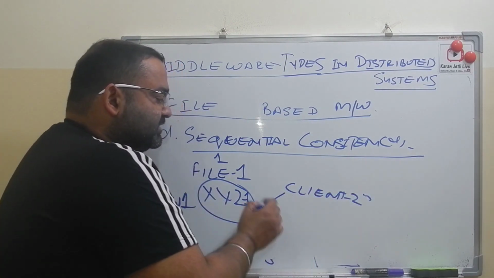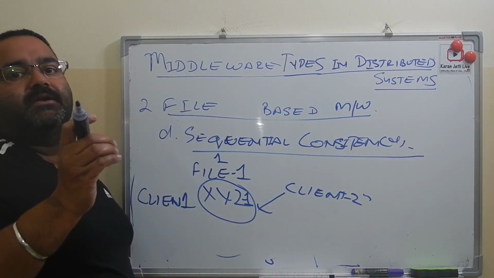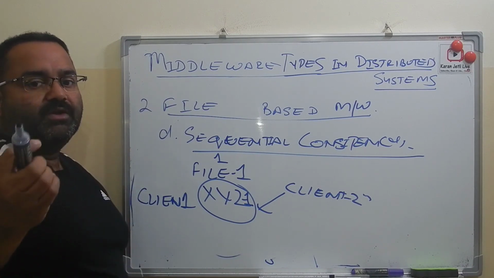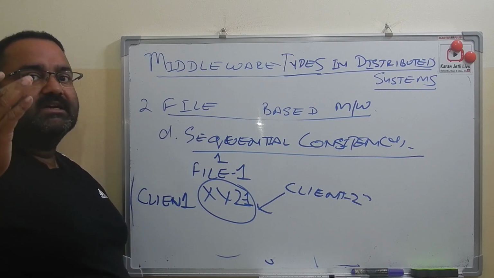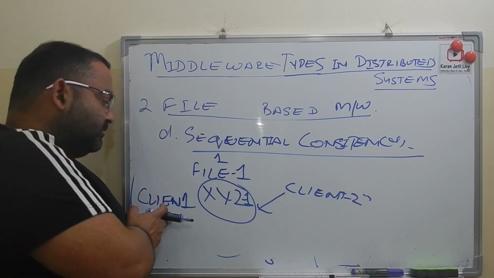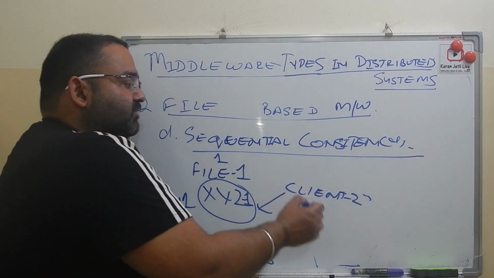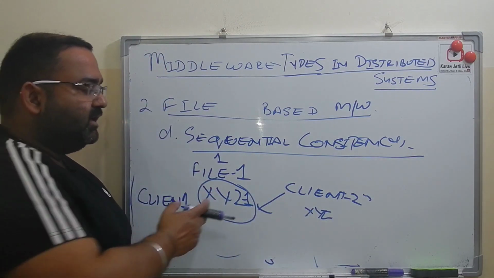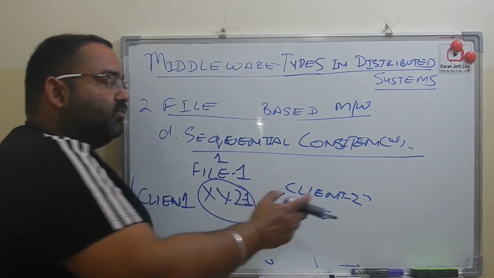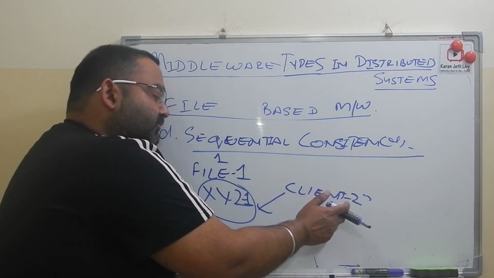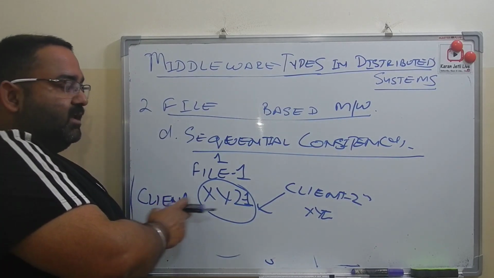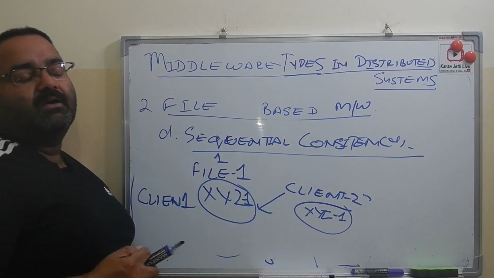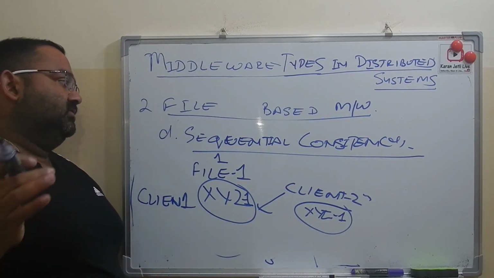Whenever he accesses the file, he should get the updated or modified copy of that file. We call it sequential consistency. Before the modification the contents of the file were XYZ. After modification the contents are XYZ1. So when client 2 requests the file after client 1, he should get XYZ1, the updated copy of the file. So what do we call it?